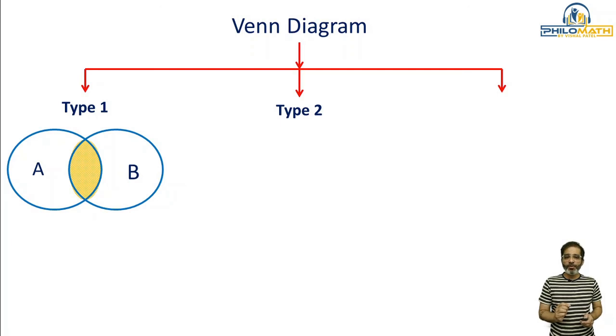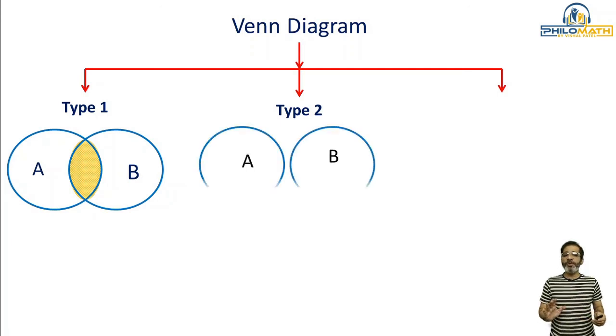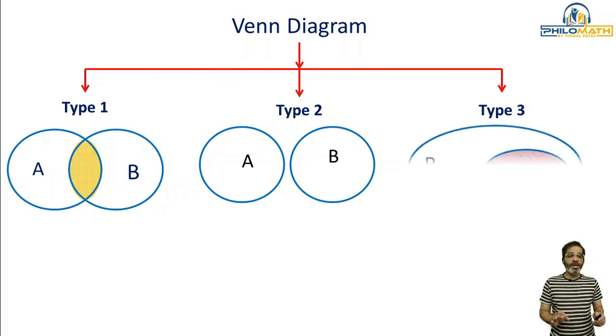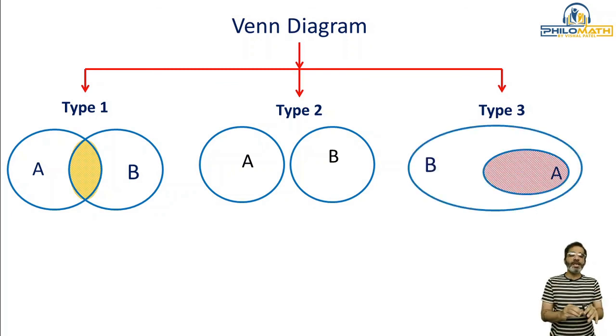The second type was no elements common. So we drew two circles away from each other. They are not even touching each other, make sure of that. And we are not shading anything over here, because there is nothing common. In type 3, we saw that set A is inside set B and that set A is common. So we are shading only set A.